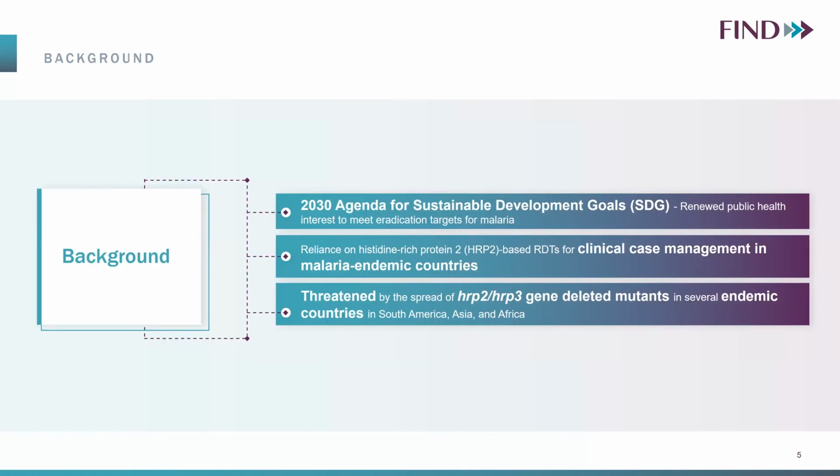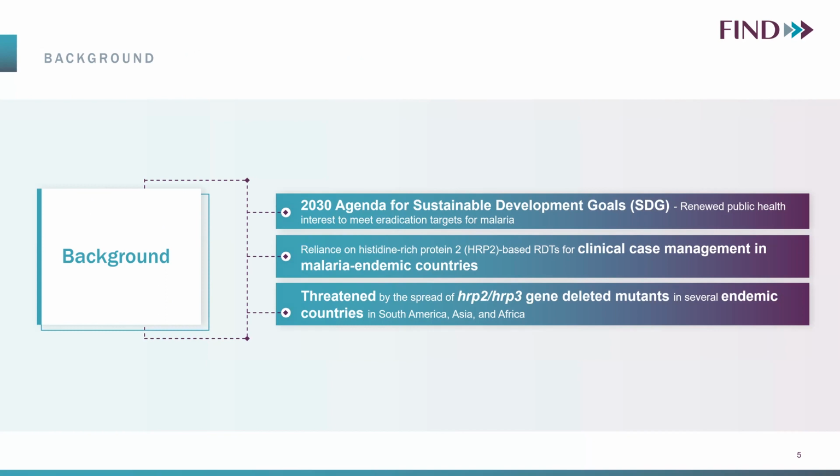Globally there has been renewed interest in attaining targets for malaria eradication in the world, and this is in line with the 2030 Agenda for Sustainable Development Goals. There has been a reliance on histidine-rich protein 2 based RDTs in many of these malaria endemic countries for clinical case management.